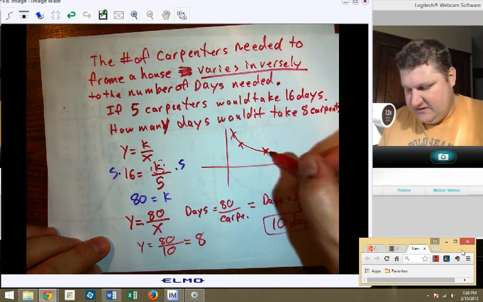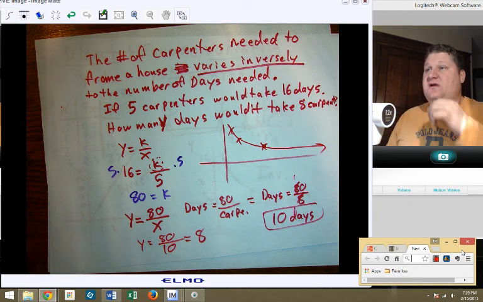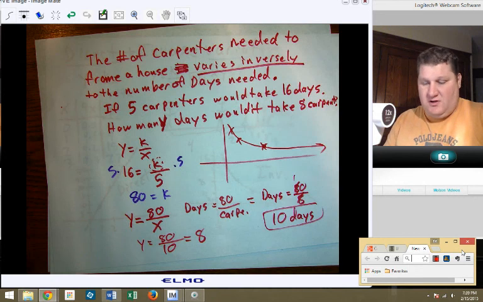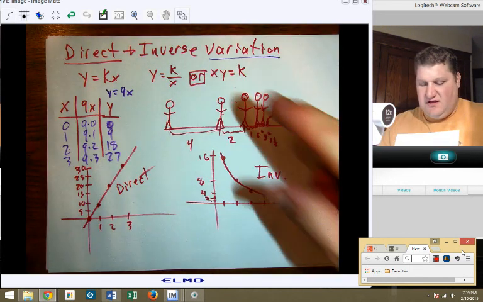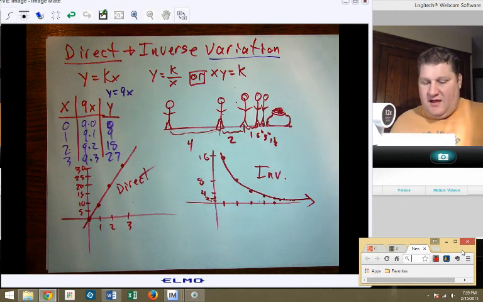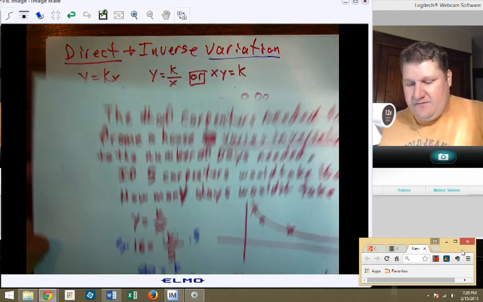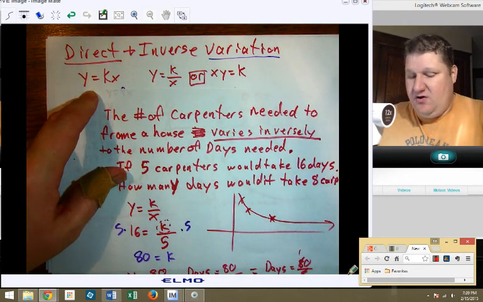And again, we see this shape begin to develop. It's very important to understand that inverse variation has this curving, sloping look versus direct variation, which has the straight line look. Hopefully you get an understanding of inverse and direct. Make sure you know those two formulas, y equals kx and y equals k over x.